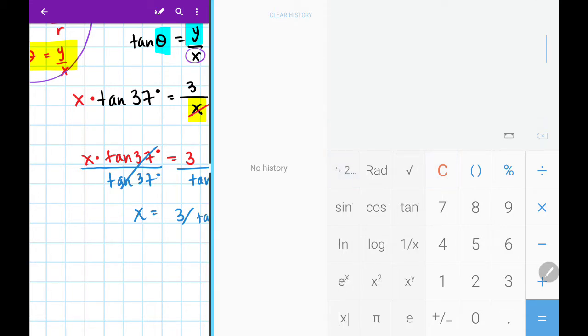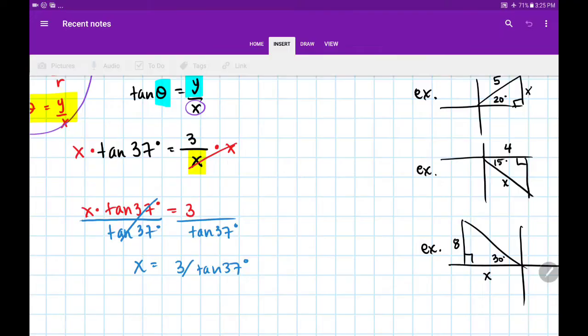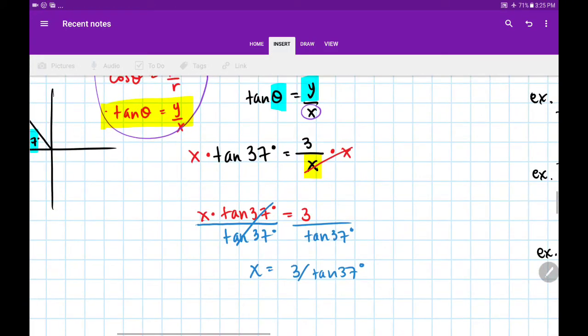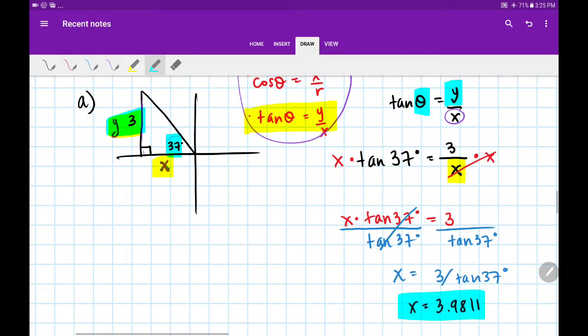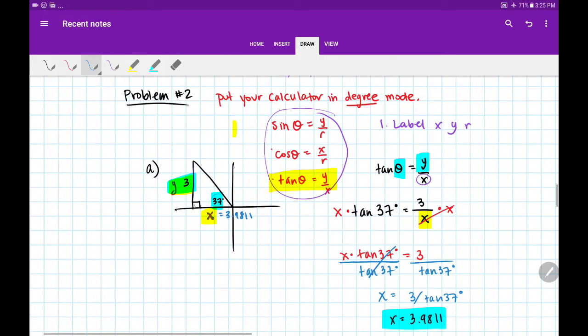Okay, so 3 divided by tangent of 37 degrees gives me 3.9811. So that would be my answer. X equals 3.9811, and that is the length of this side. So we're good. That was number 2.